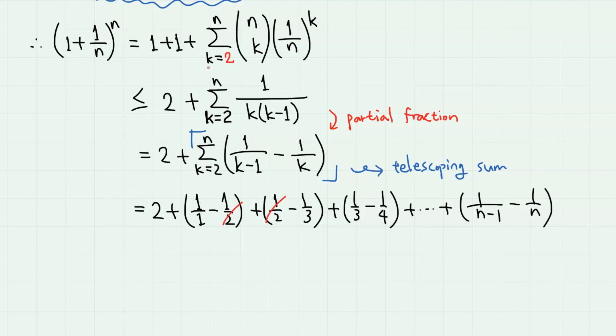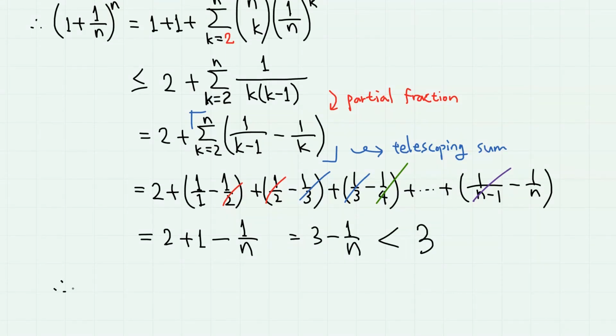So these terms cancel out, these terms cancel out. So we have 2 plus 1 minus 1 over n, which is 3 minus 1 over n, which is less than 3. Therefore, we have (1 + 1/n)^n less than 3, which is the other half of the inequality.